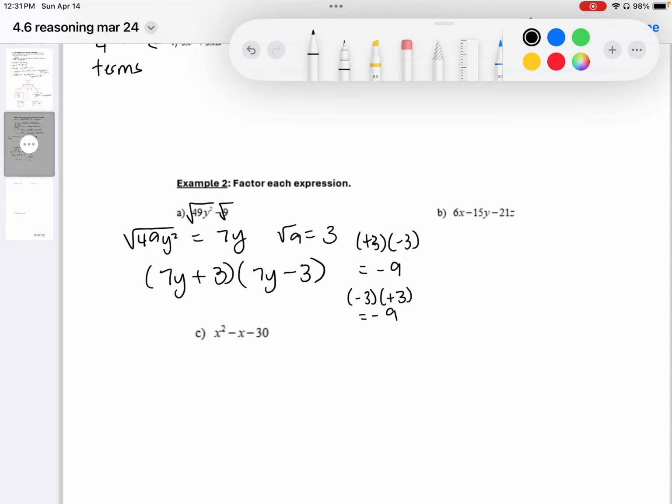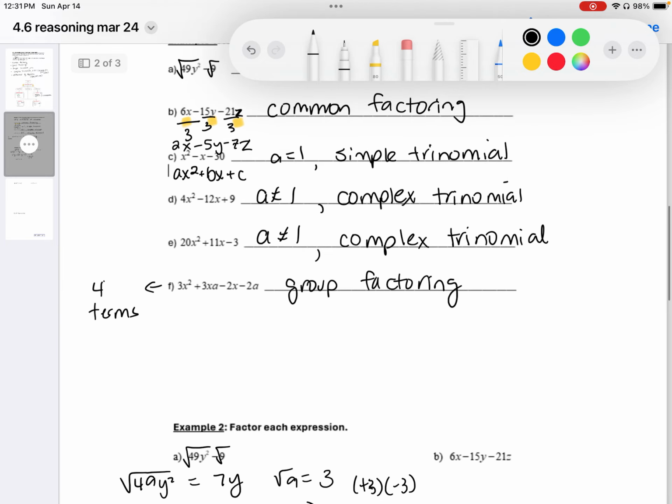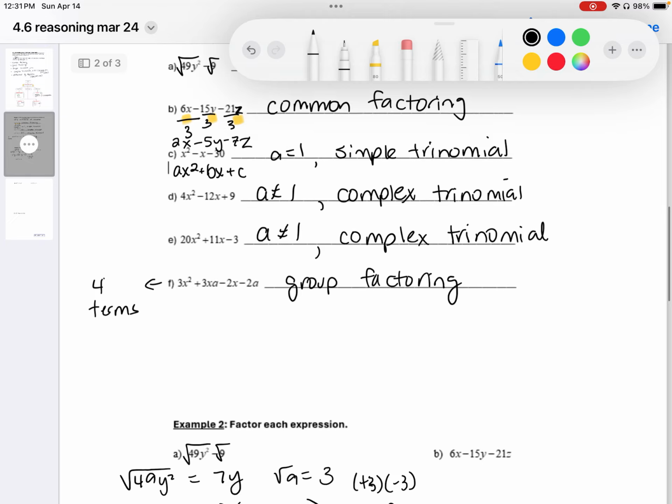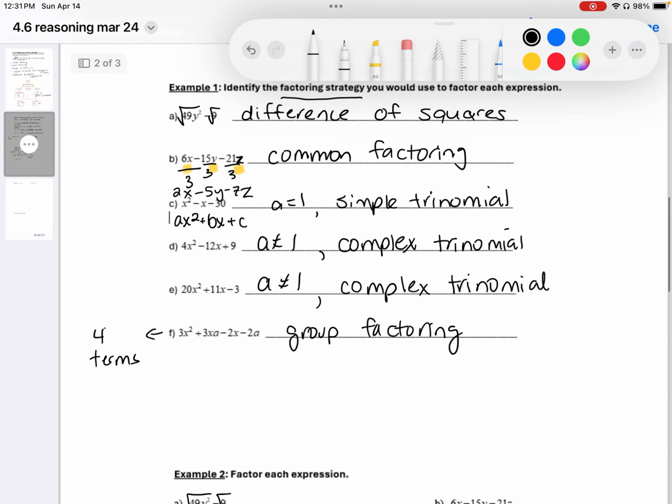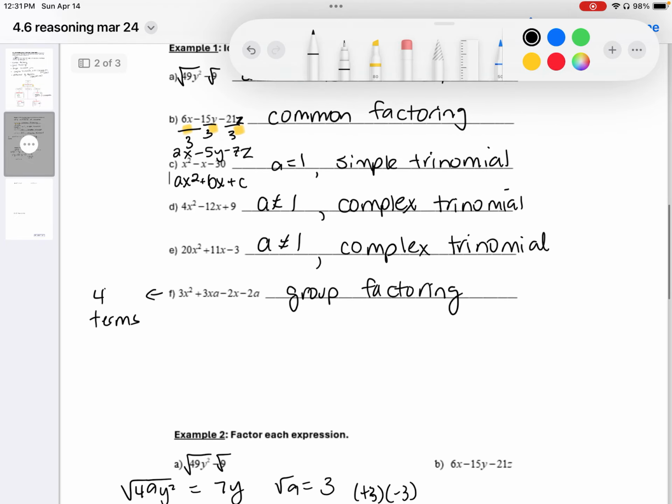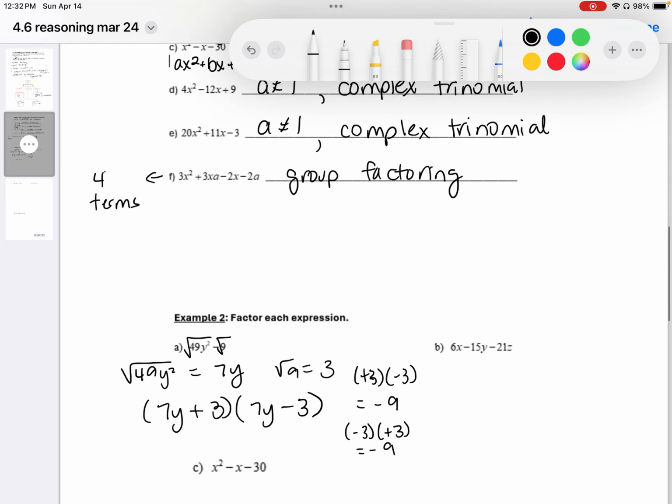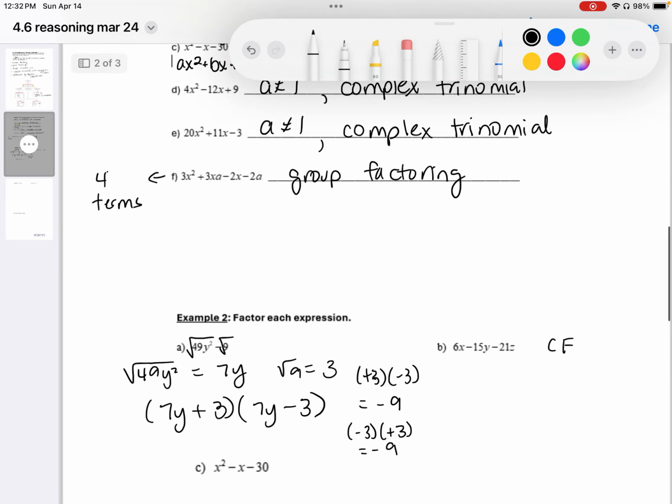For trinomial 3, which is going to be simple. Oh, sorry, B's on here. Oh, and I already did it. Well, that's all right. So we're going to do common factoring, which means we're going to divide by 3. So the 3 goes out front. 2x minus 5y minus 7z. Fix that Z there.